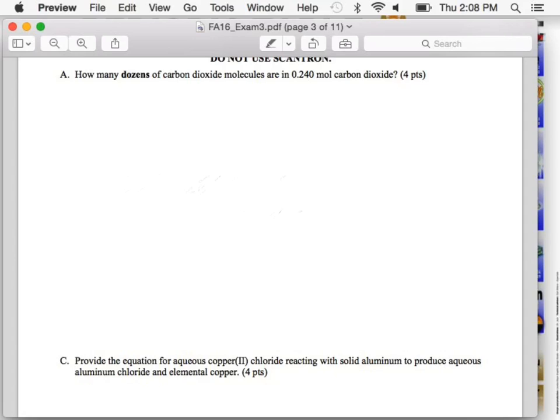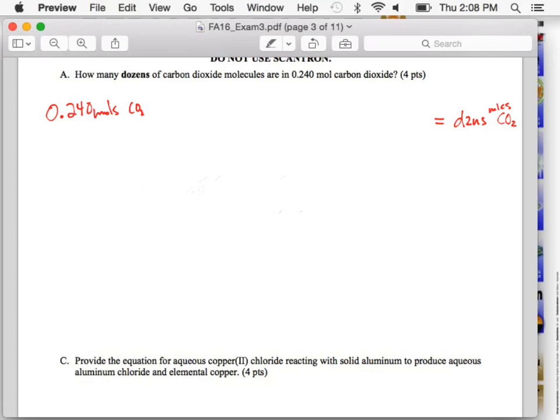What is our answer? What units of our answer do we want? Dozens, which I'm going to abbreviate DZNS, of CO2 molecules, MLCS. What are we starting with? Is moles of CO2 the same thing as dozens of molecules?